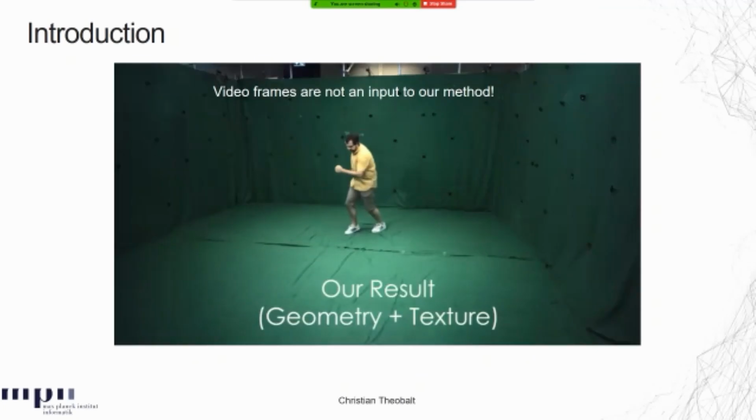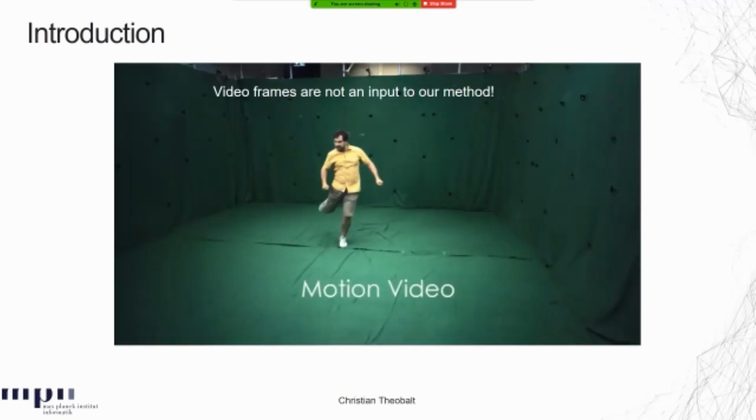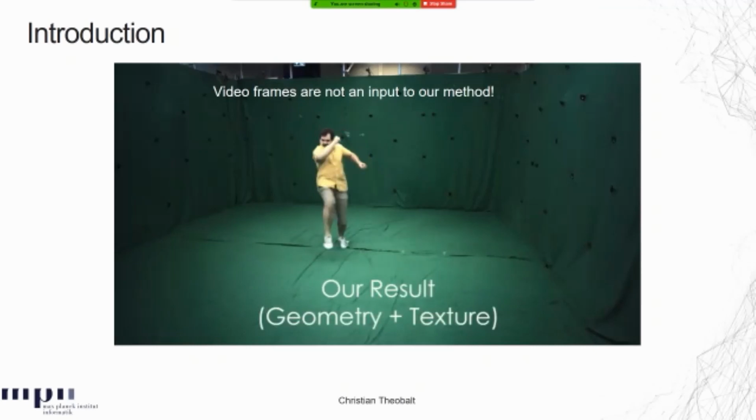It also predicts the dynamic texture, which is not only conditioned on the skeletal motion, but also on the camera pose. This allows our method to not only capture motion-dependent appearance effects, but also view-dependent appearance changes.